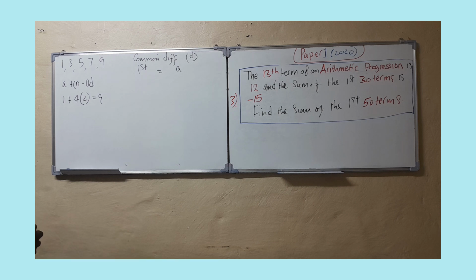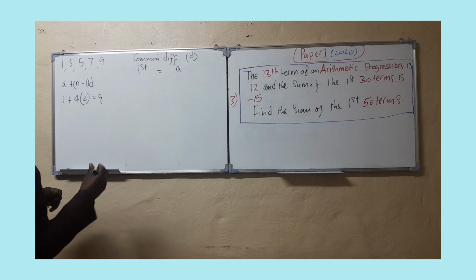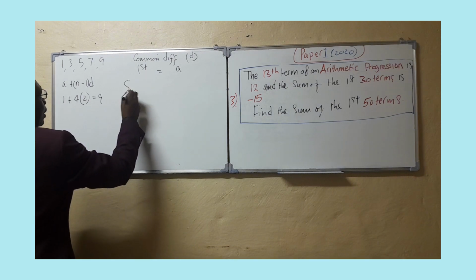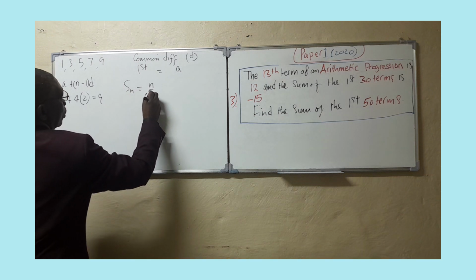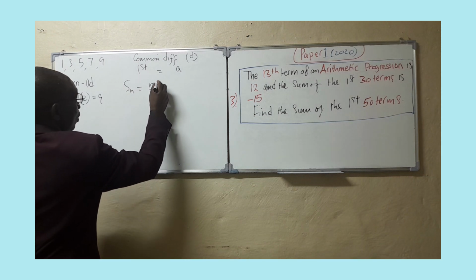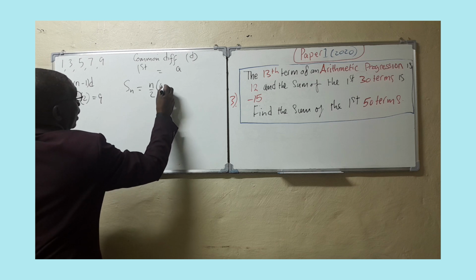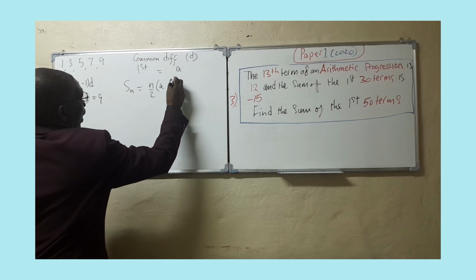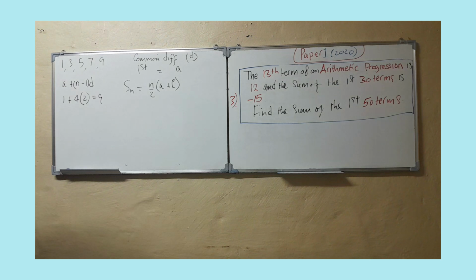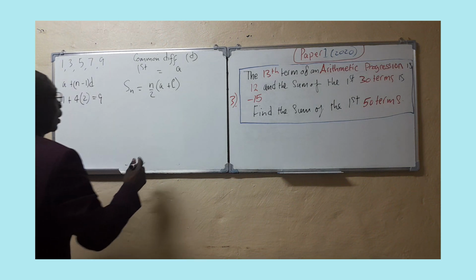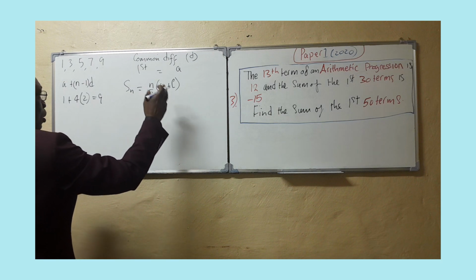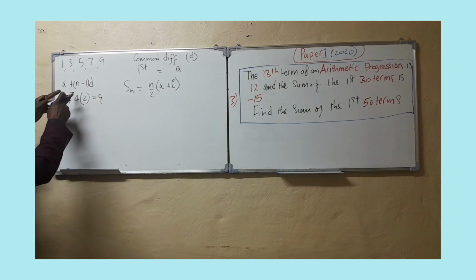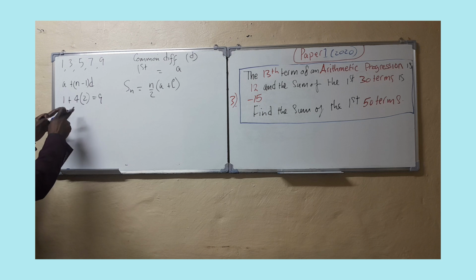What about the sum to n terms? If we wanted to sum n of those terms, the formula is n over 2, where n is the number of them, multiplied by A plus L, where L would be the last term that we want to sum up to. Okay, so this is one formula. We know, of course, that our L can be expressed in terms of the general term of the series.